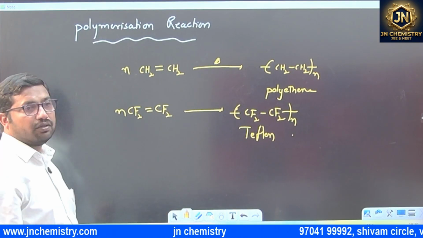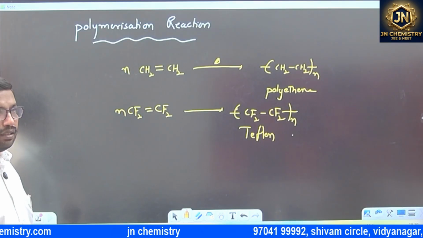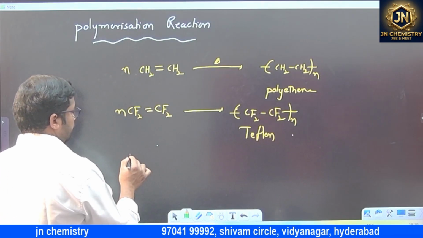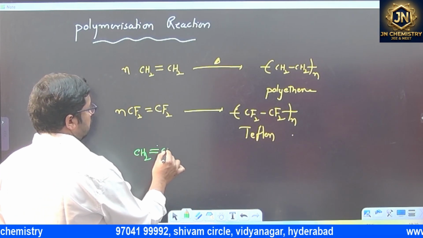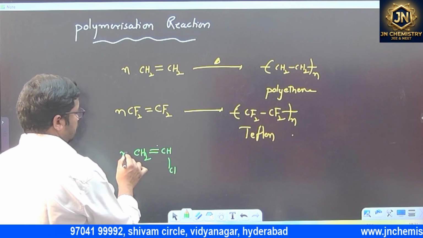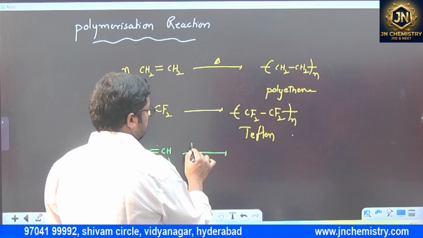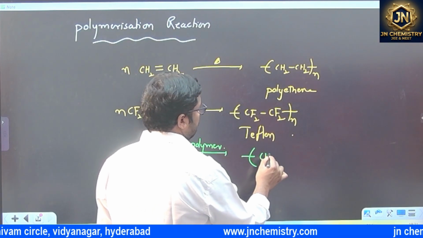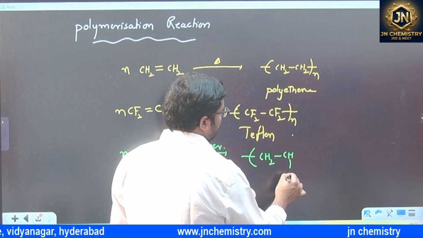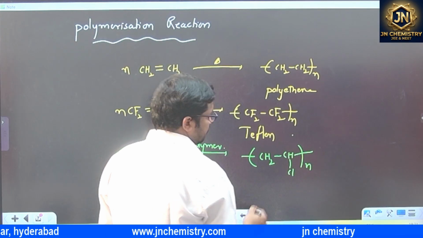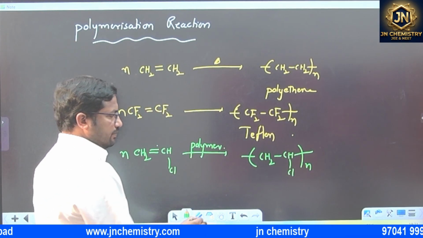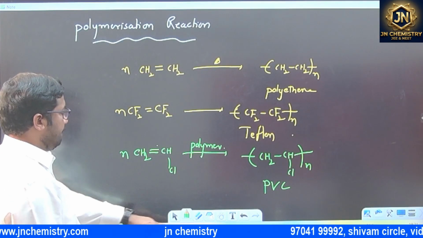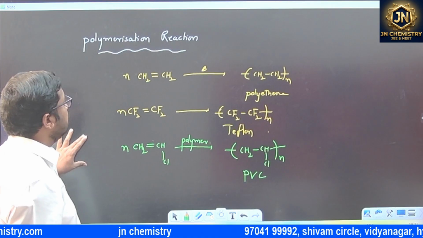For example, vinyl chloride. Vinyl chloride, CH2=CHCl, on polymerization gives polyvinyl chloride, PVC pipes, you know? Poly means many.